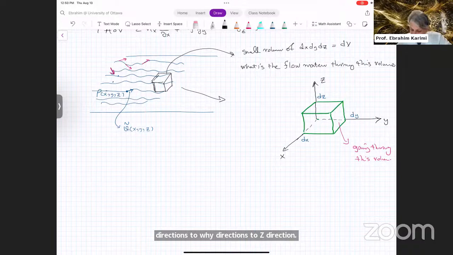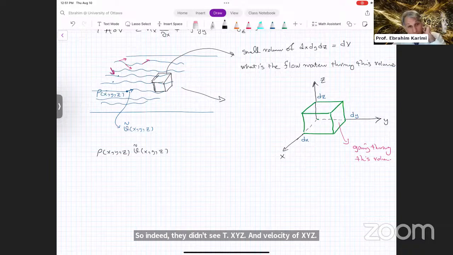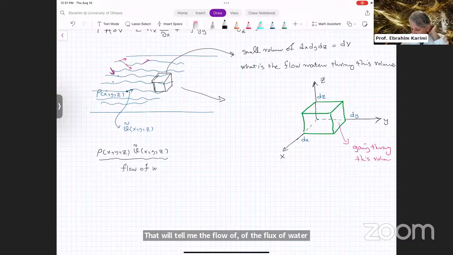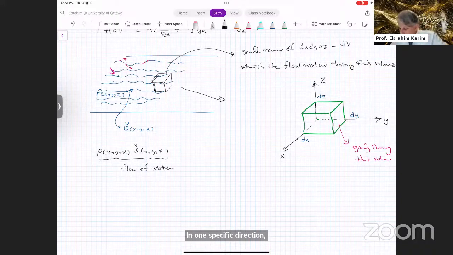So indeed, the density rho of x, y, z and the velocity of x, y, z will tell me the flux of water in one specific direction, okay? So, for example, along the x direction, I assume that this is what happens.